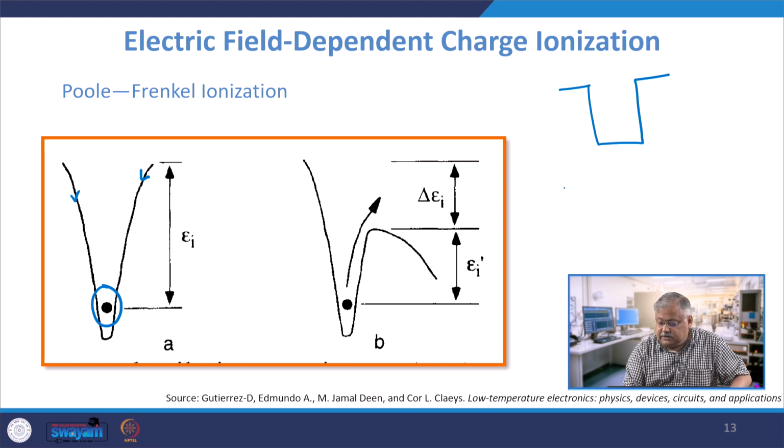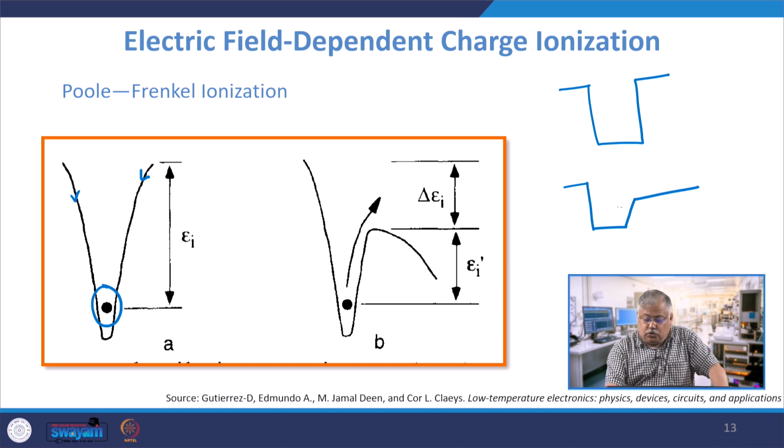It is something like this, right. On one side of it, it suddenly comes down like this. So you do have a probability that the electrons can come out very easily from these traps. I will not go into detail of this at this stage, but this is what is known as Poole-Frenkel ionization, and this happens primarily like this. So the change in the ionization potential is delta epsilon I, right.